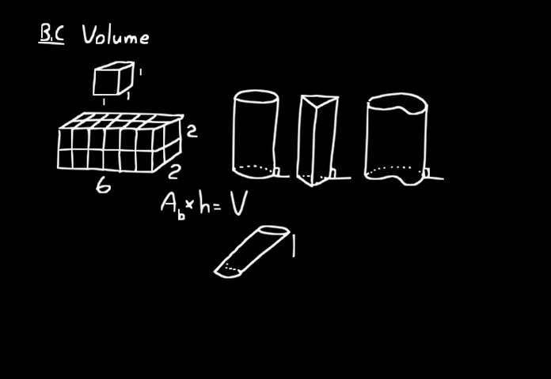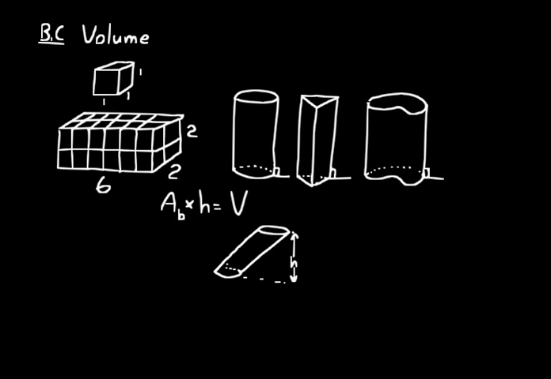So on a problem like this, they would give you this height right here, the height perpendicular to the bases, not the length of the side between the bases. The height perpendicular to the base is no longer the same thing as the length of the side. So that's the thing you have to remember about volume.